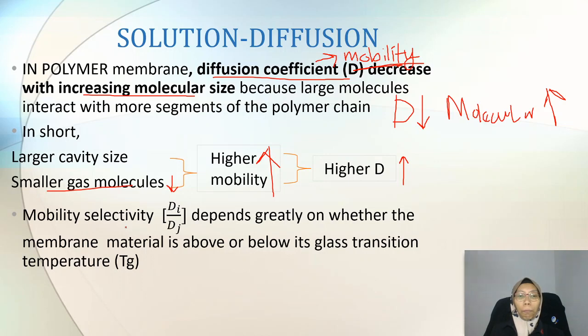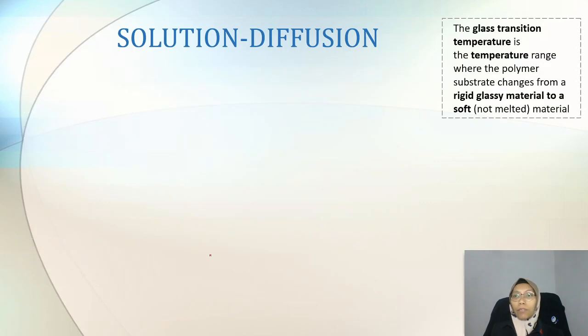However, for mobility selectivity, it depends on whether the membrane material is above or below its glass transition temperature. But what is glass transition temperature? Glass transition temperature is a range where the material changes from a rigid solid to a softer material.